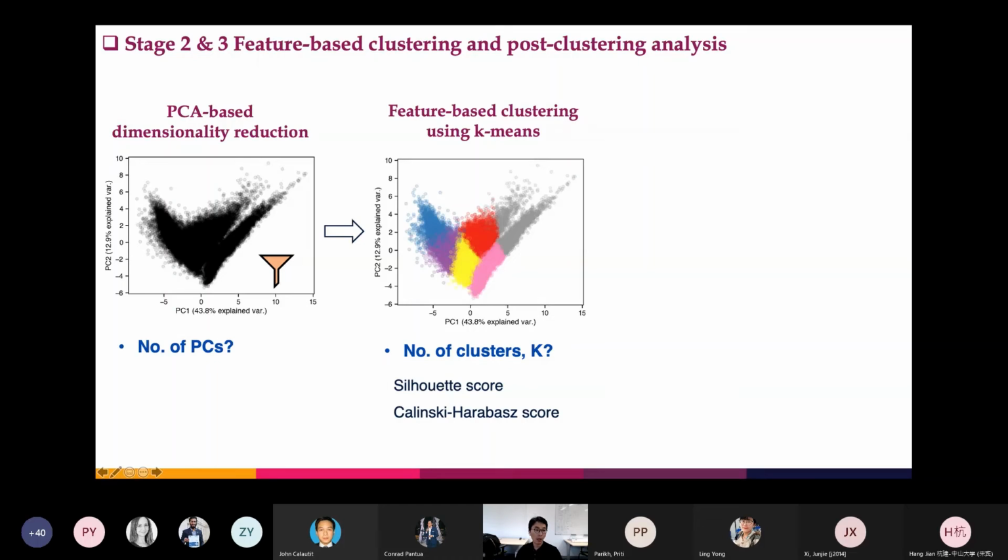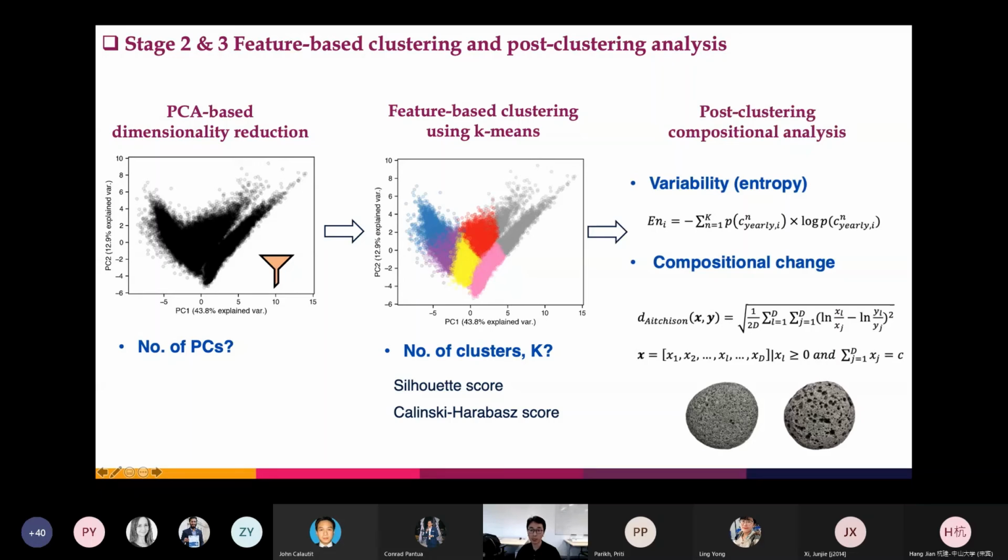Before that, because we might have 20 principal components but not all of them are equally important, we use PCA to reduce the dimensionality of the data. And we didn't stop at the clustering; we moved forward.